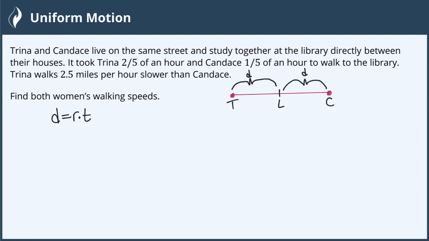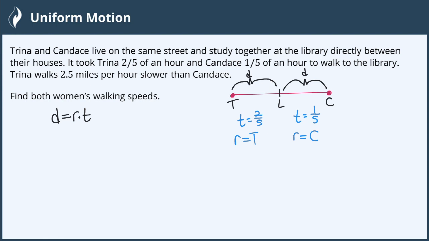Now we know that Trina is going to take 2/5 of an hour. So Trina's time is 2/5. And we know Candace has a time of 1/5 of an hour. We also know that Trina's rate we could just call capital T, and Candace's rate we could call capital C. But they gave us a little bit of extra information here.